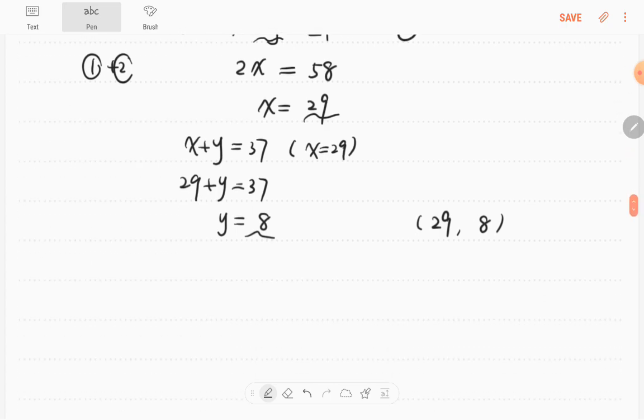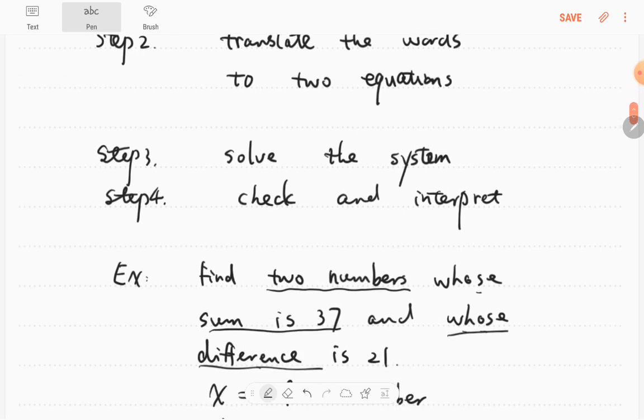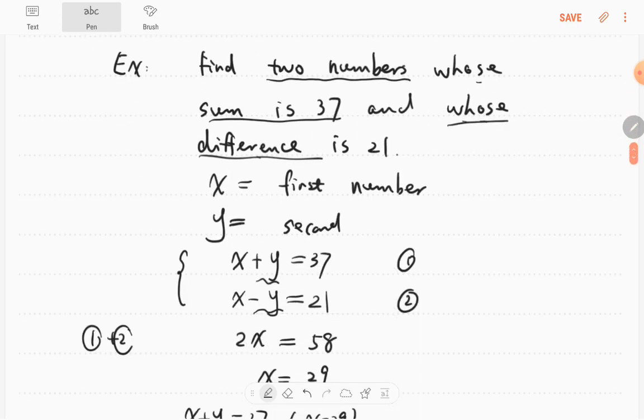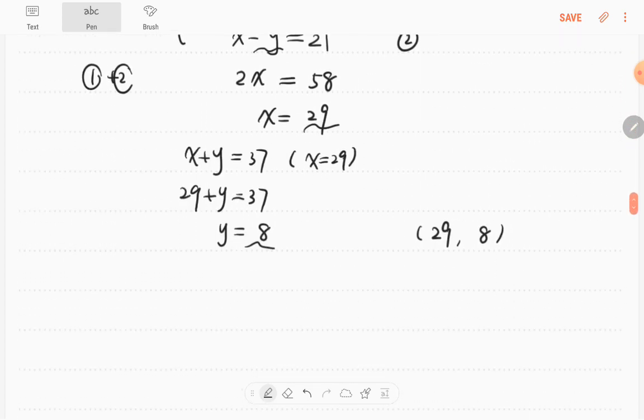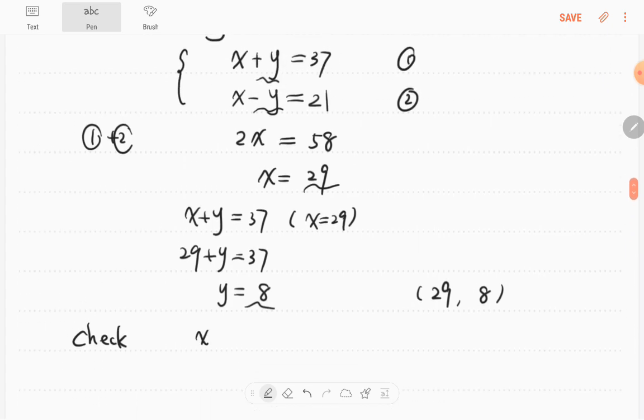So step 4. By this time, we already solved the system. We get the value of x and the value of y. Next, we're going to check our solution in both equations.